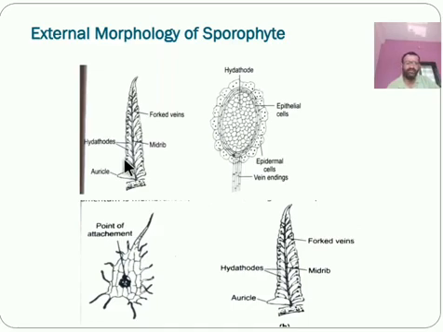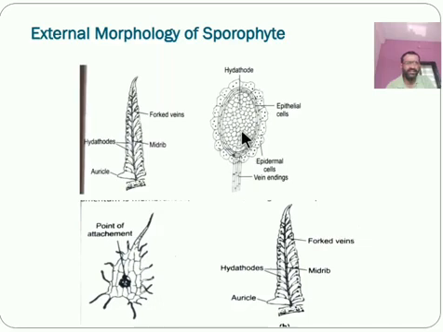The central part of the hydathode consists of a group of small thin-walled parenchymatous cells sunk into a minute oval depression, which is covered by 2 or 3 layers of rectangular elliptical cells. Let us see this structure.